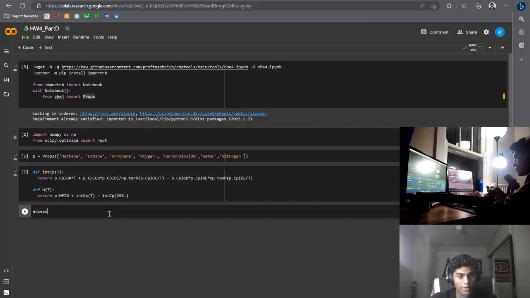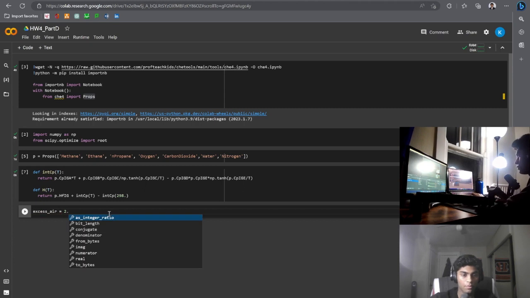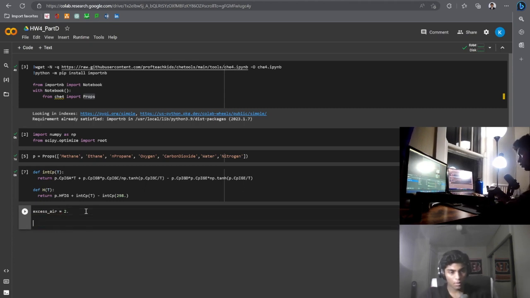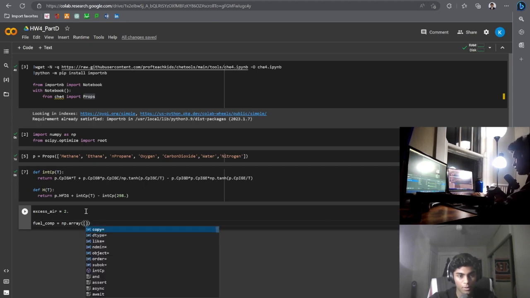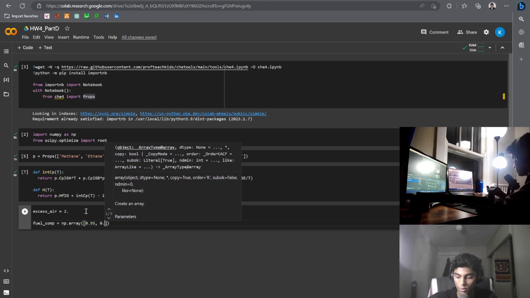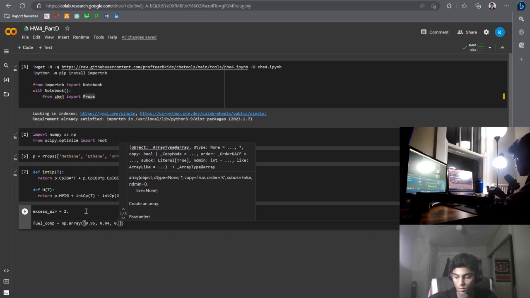We start off with the excess amount of air we have in this reaction. So that's going to be equal to 2. Let's start with our fuel comp matrix, which equals np dot array 0.95, 0.04, 0.01.